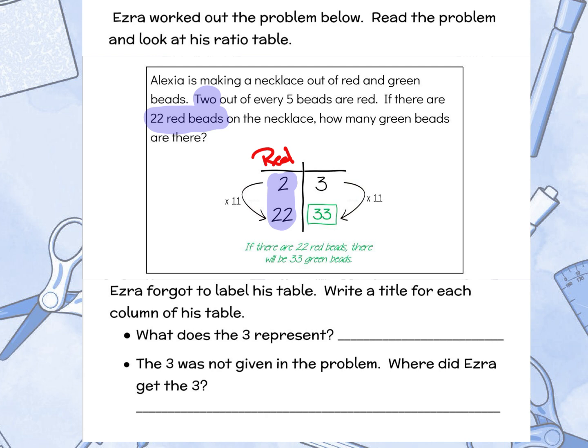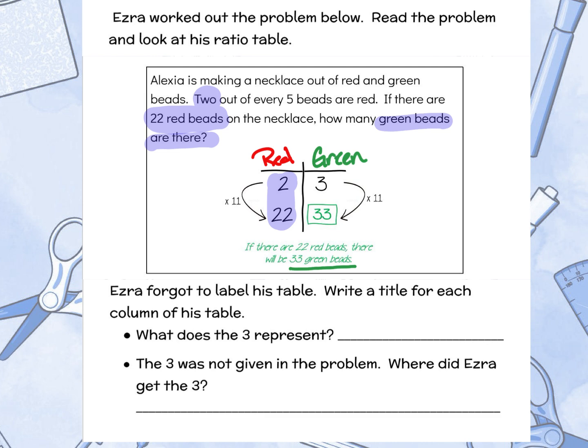It says, if there are 22 red beads, there will be 33 green beads. So he is saying that 33 is the number of green. And if we go back to the problem, in the question it says, if there are 22 red beads on the necklace, how many green beads are there? Right? So green is 33. Which means the 3 must also be green.